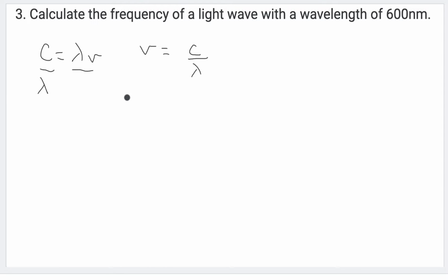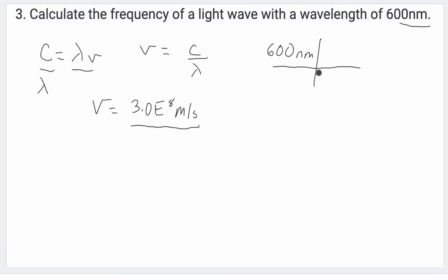So the first thing we'll write is the frequency equals the speed of light, so 3.0 times 10 to the 8th meters per second. Now we want to divide that by the wavelength, but if you notice the wavelength is in nanometers, that has to be changed to meters so it matches up with the speed of light unit, which has meters in it.